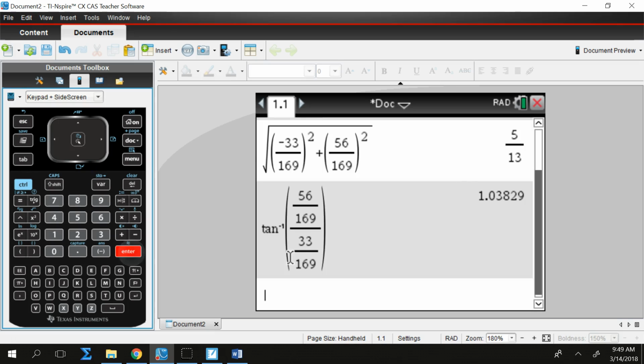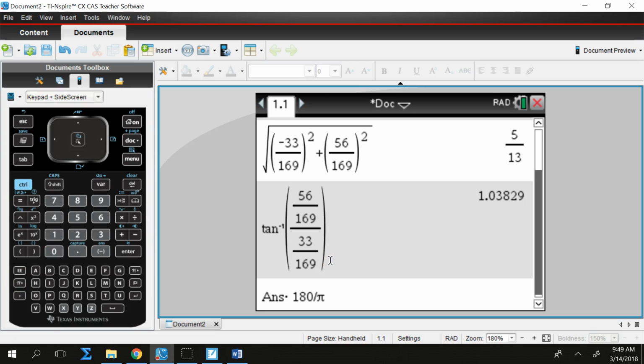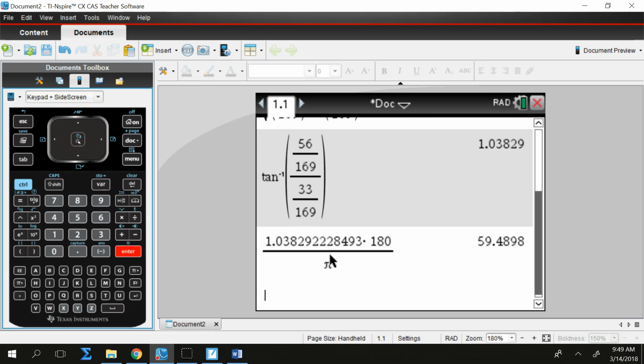Now, when I do mine, that's in radians. So I multiply that by 180 and divide it by pi, and that gets me 59.49 degrees.